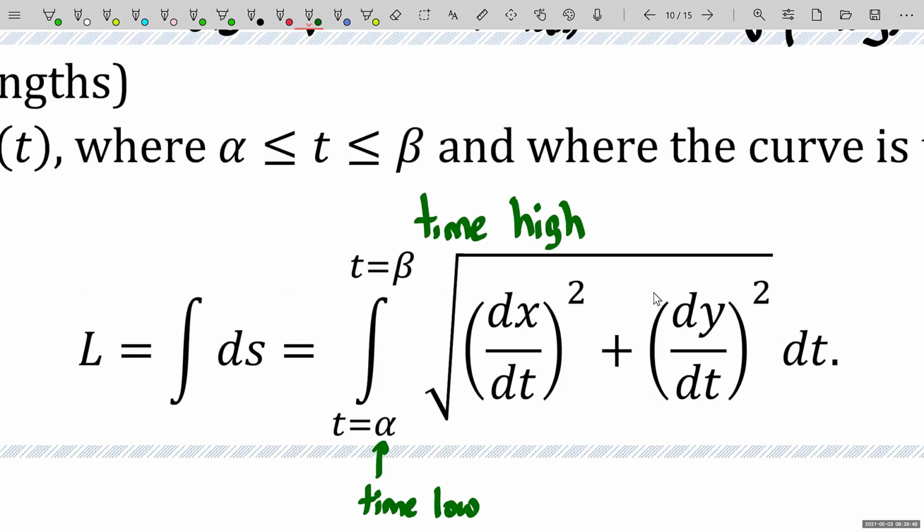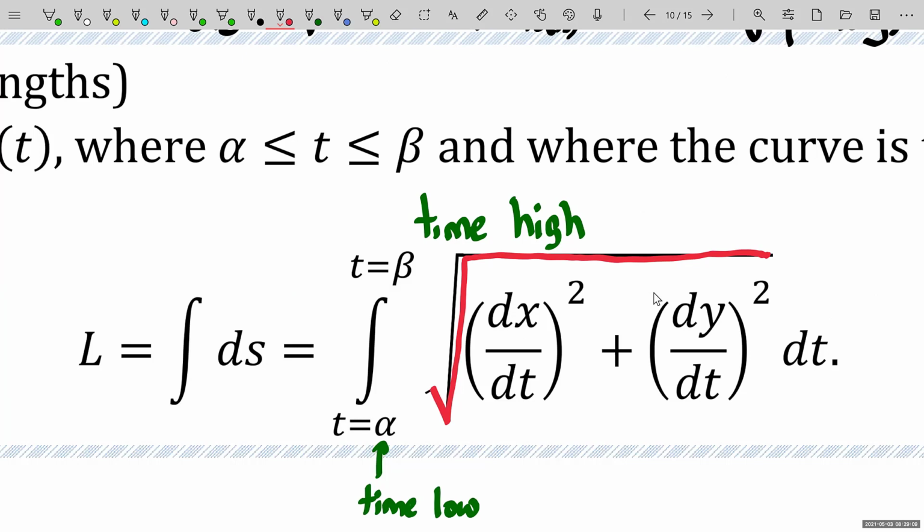Otherwise, you get a negative arc length. Think about it this way: you're adding up a bunch of positive values, since the square root is a non-negative value. So if you go from time low to time high, you're adding positive values in a positive direction, so you have a positive arc length.